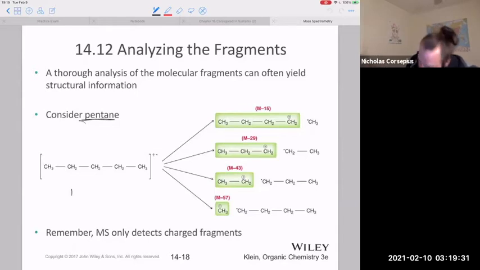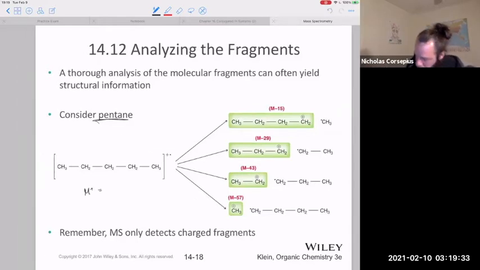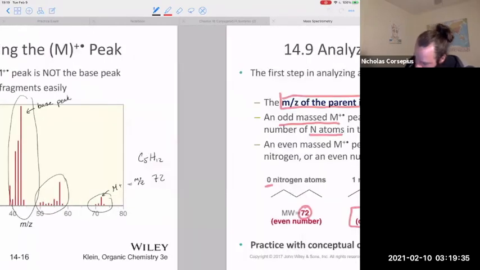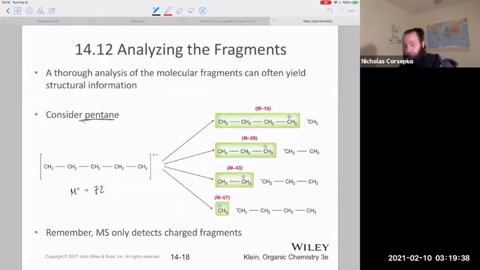So we had our molecular ion peak at 72. That first big fragment that we saw was at M minus 15, or 72 minus 15, which is 57. It's going to be centered around 57, and that corresponds to the loss of a methyl radical.